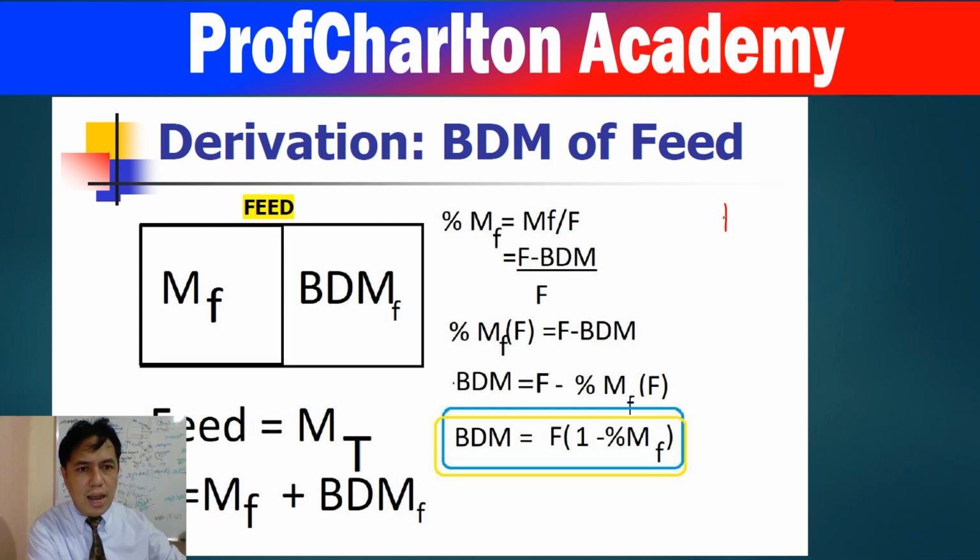So I have here the whole feed. I have here the mass flow of feed, and I have here the bone dry mass of feed. This is the mass flow, and this is the bone dry mass of feed, BDM. So what about the feed?